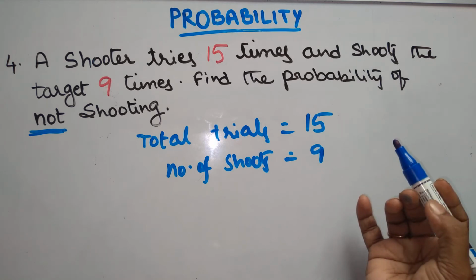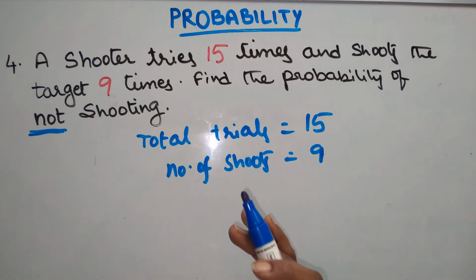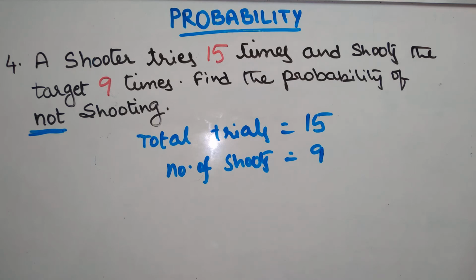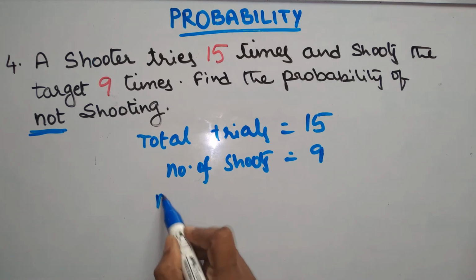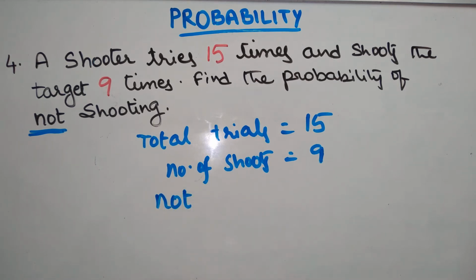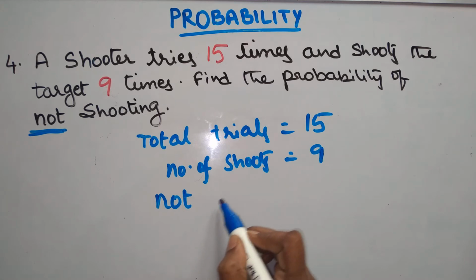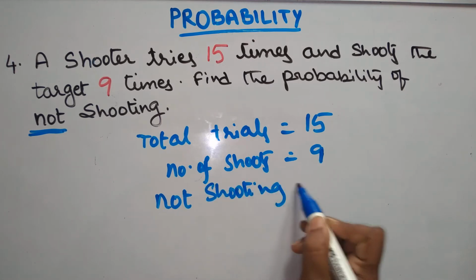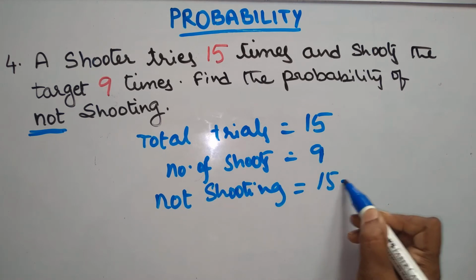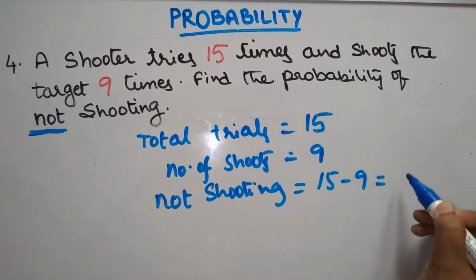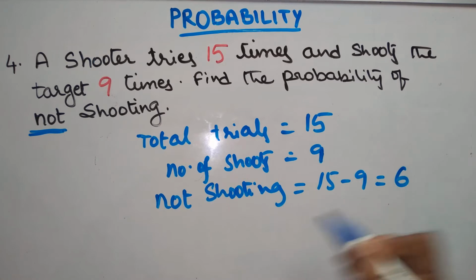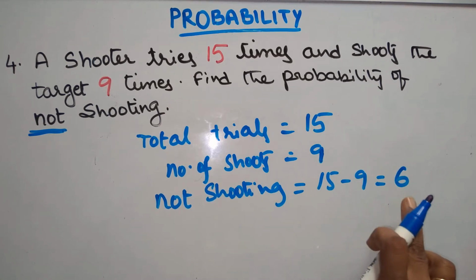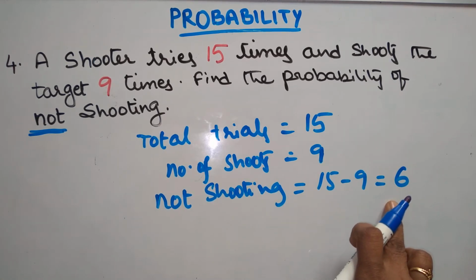How to find that? In 15 trials, 9 times he shot, but how many times didn't he shoot that particular target? Not shooting. How many times? 15 minus 9, that is equal to 6. So 6 times he failed to shoot that particular target.